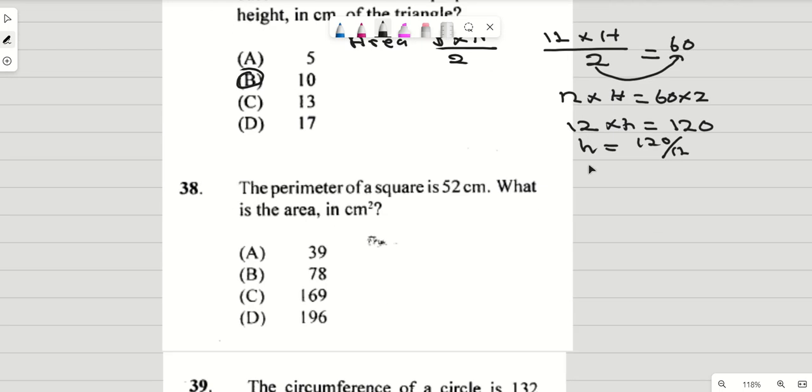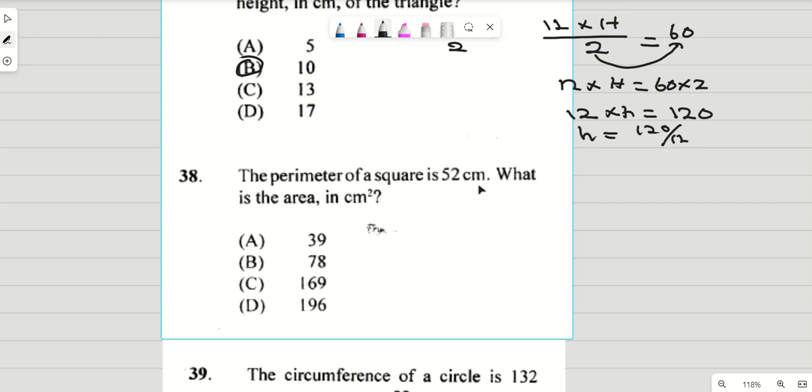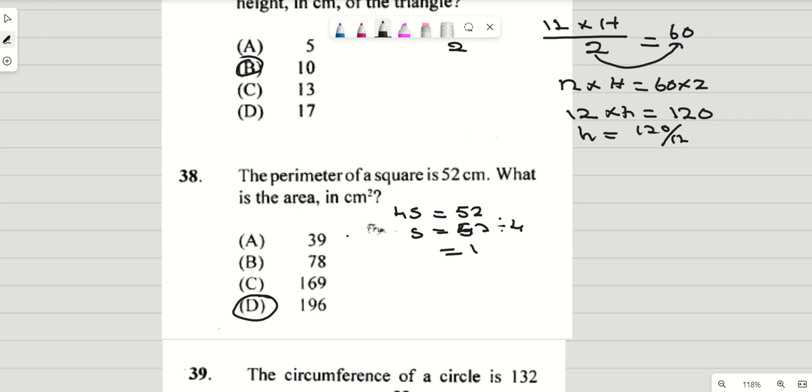Now, number 38, the perimeter of a square is 52. What is the area? We did this question. The answer is 196. Well, let's check and see. The formula for perimeter of a square is 4 times side is equal to 52. So side will be 52 divided by 4.